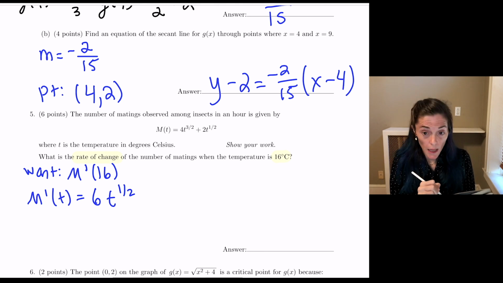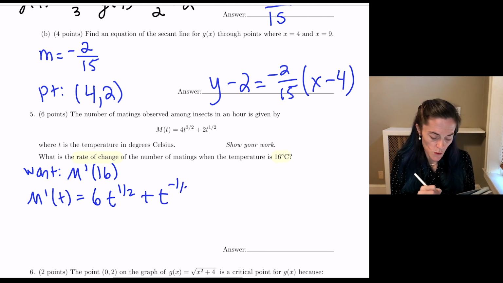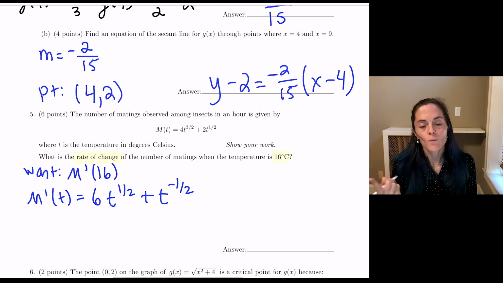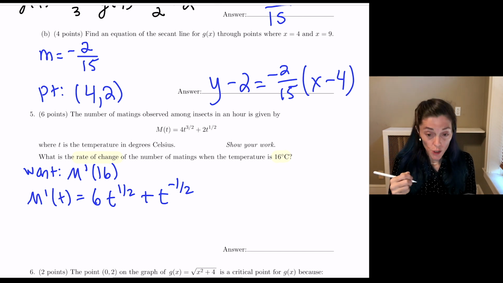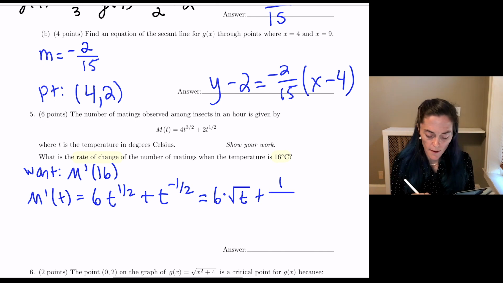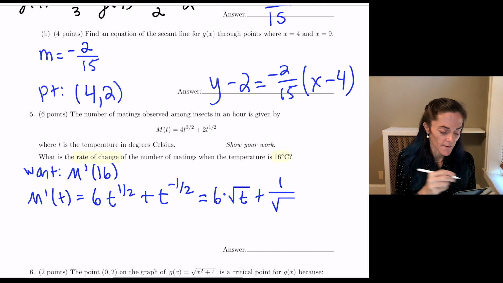And then we have plus 2 times 1/2, which is 1 t to the minus 1/2. Well, I need to evaluate this. So you could use your calculator here, but I'm going to write this in terms of square roots. It will be a little bit easier for me to evaluate by hand. So this is 6 times the square root of t, and then plus 1 over the square root of t. This is my derivative.